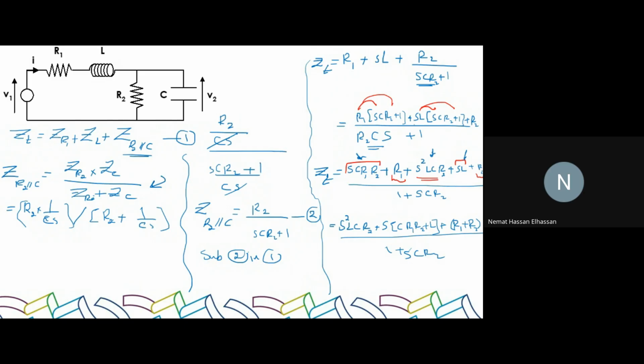So this here is the total impedance of the circuit. Now, if you look at the numerator, what is the highest power of S?